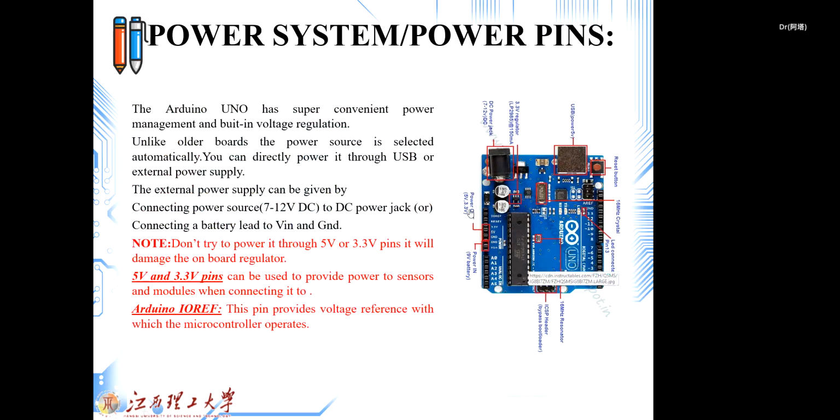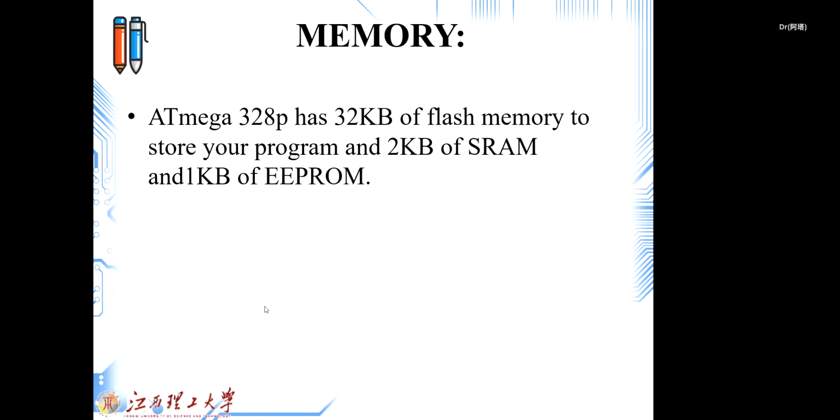Never try to give the 5 volts directly or any other voltage from these pins, means that power out pin. And also remember the Arduino IOREF, which will give the voltage reference for the microcontroller operation. And I advise you that never touch even this point, just use it in some specific project.